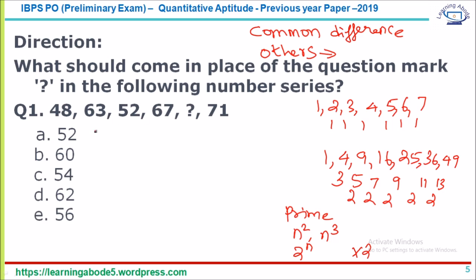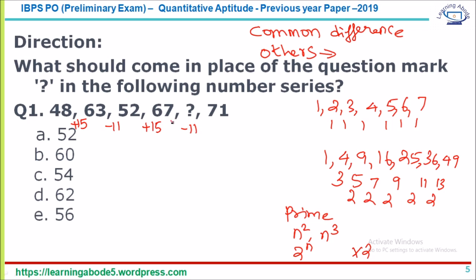Now let's look at the question given here. 48 and 63, the common difference is plus 15, then it is minus 11, then it is plus 15. After that I'm not sure. There's a question mark here, that is what we have to find out, and then 71. Now going by this common difference, let me assume this is minus 11.